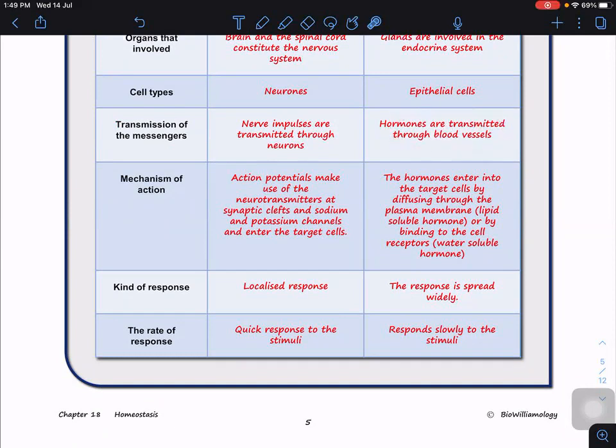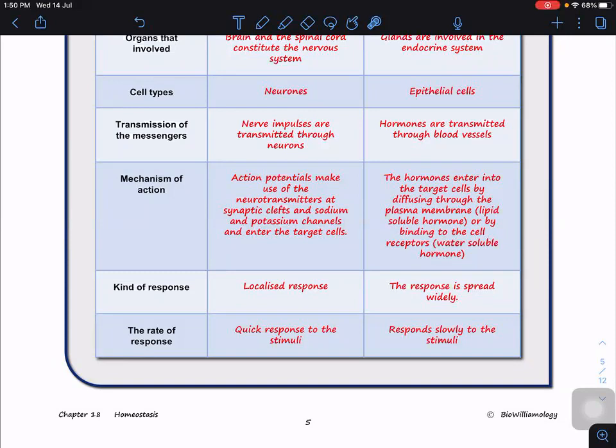So this one, we're going to learn in detail tomorrow, when we look at how hormones function. So how about mechanisms of action? The action potential makes use of the neurotransmitter at the synaptic cleft and the sodium-potassium channel to enter the target cell. Again, no need to worry at this moment because we're going to learn it in detail in the next topic, 19. Hormones may enter into the target cells by diffusing through the plasma membrane or by binding to the cell receptor at the surface.